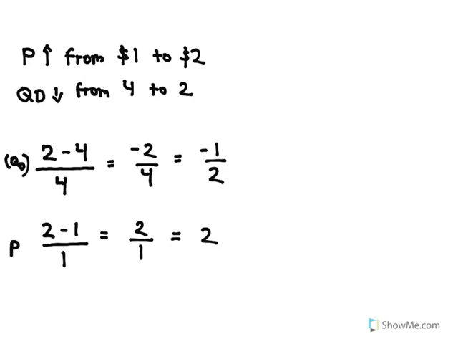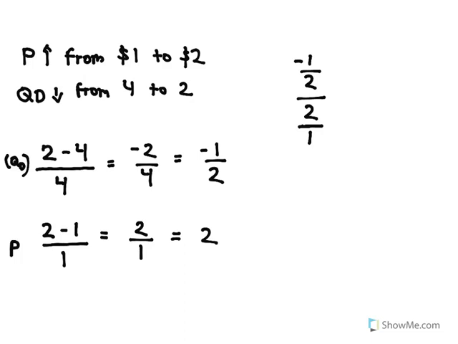So then remember, it's the percent change in QD over the percent change in price. So we need to do negative 1/2 divided by 2. And this is where working with fractions or knowing how to do that is helpful. So the way we can solve this is by making the 2 a fraction again, so 2 over 1.